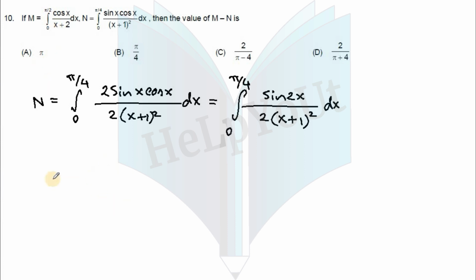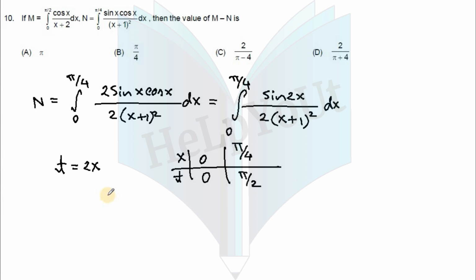If we could match them, let's just use t equals 2x. If we write t equals 2x, then for x equals 0, t will be 0. But for x equals pi by 4, t will be pi by 2. So I have dealt with that limit part.